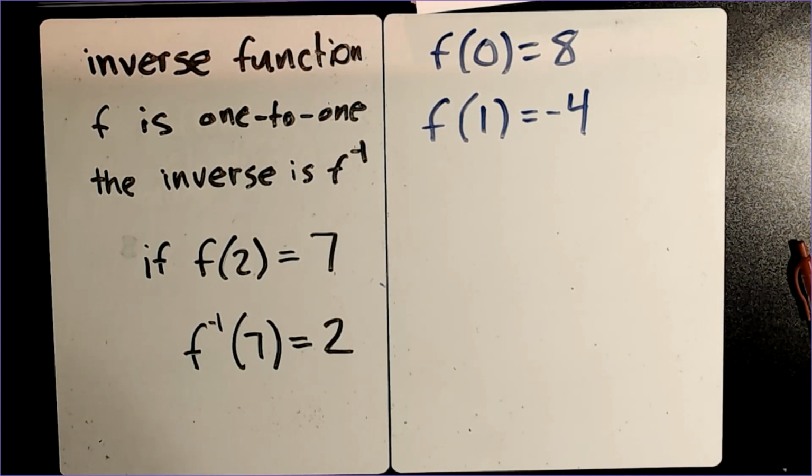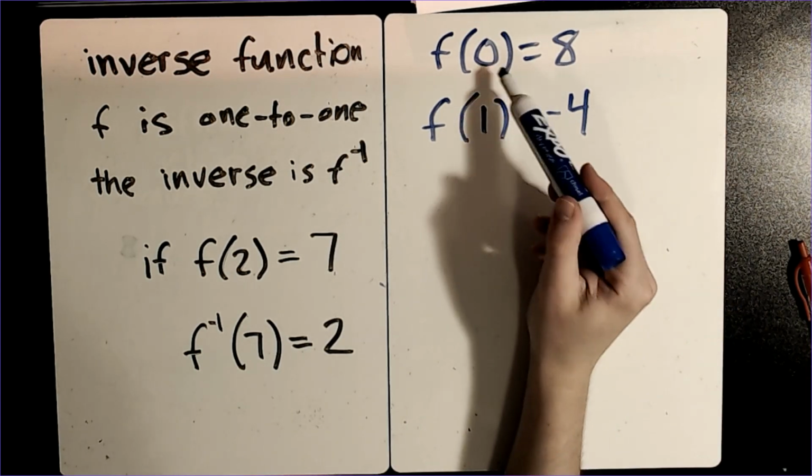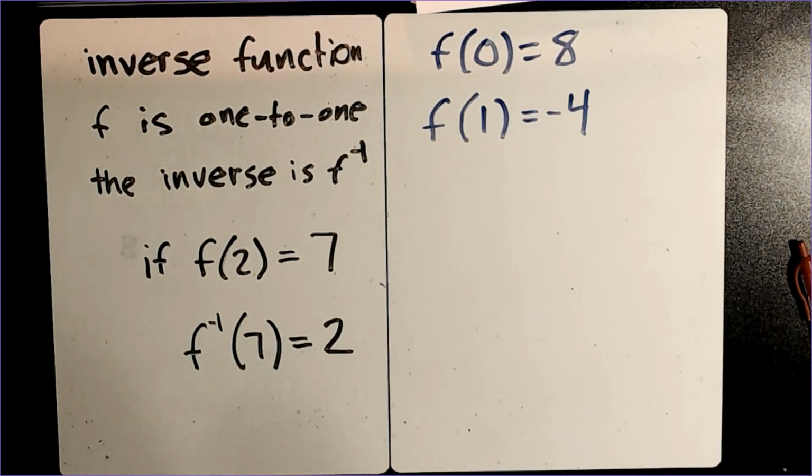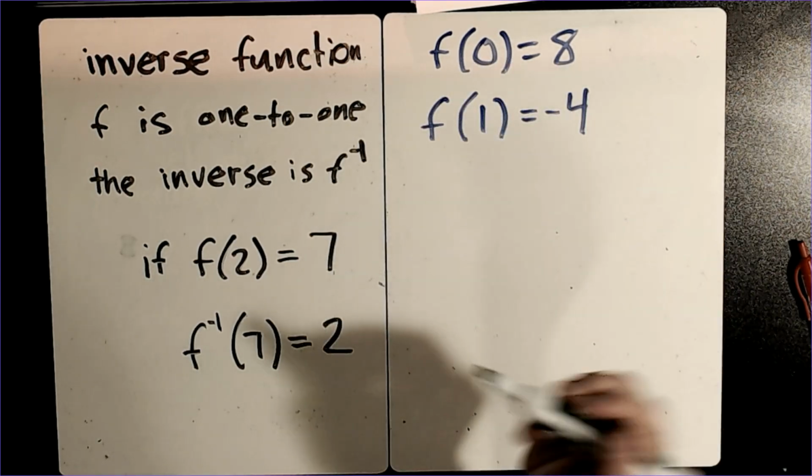Okay? If you know those two values of the function, what values of the inverse function do you know? Okay, so what things do you know about your inverse function here? You just are switching the role of x and y. They just switch.